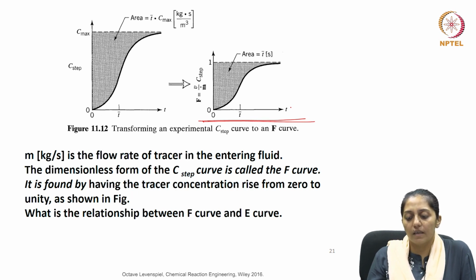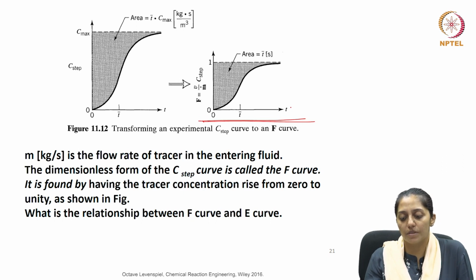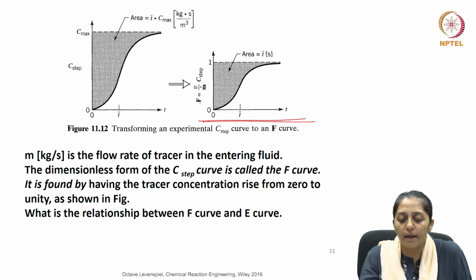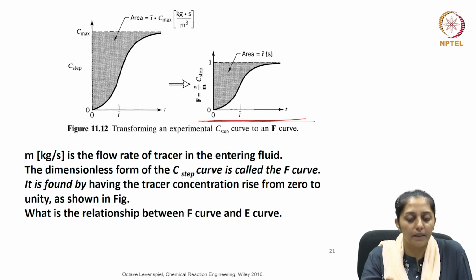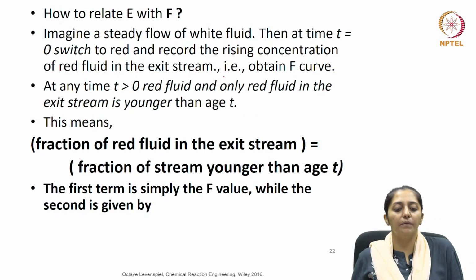So, now let us see how we can relate F and E values. Your F value, in order to change it to C max, will become C step divided by m dot by V. So, how do we relate E with the F values?